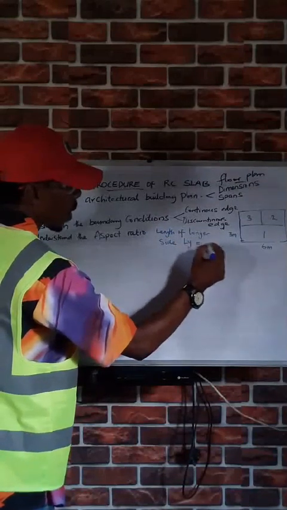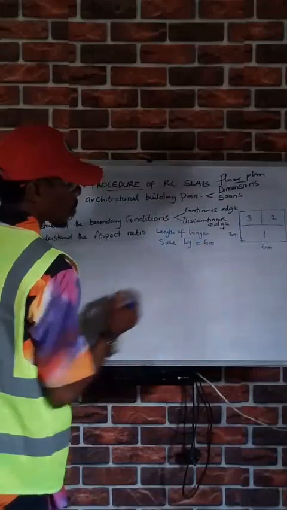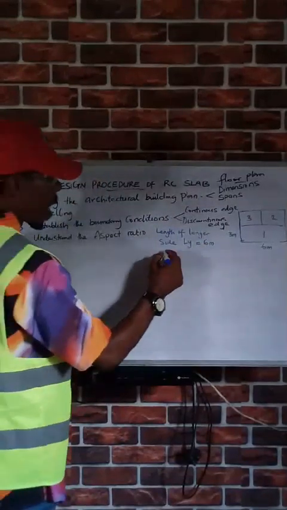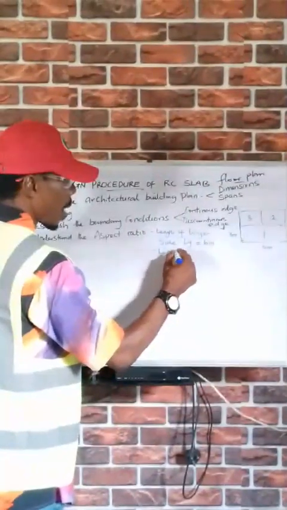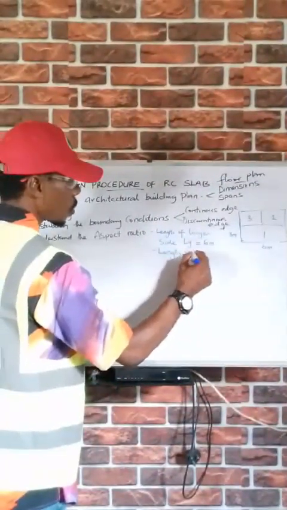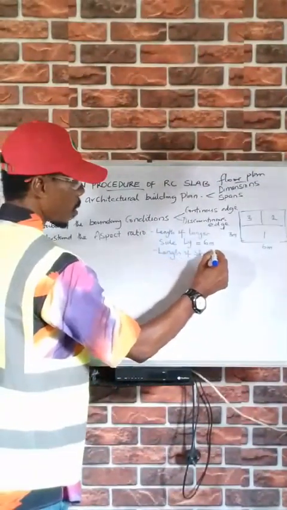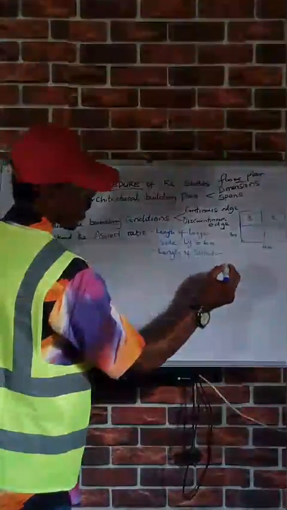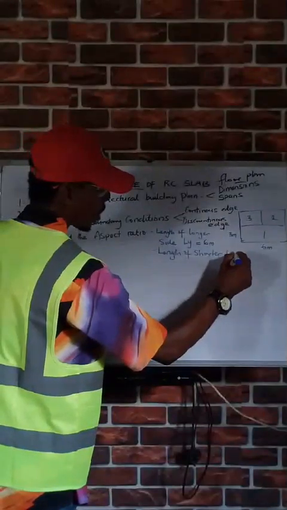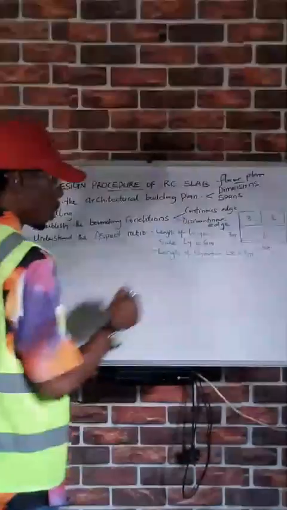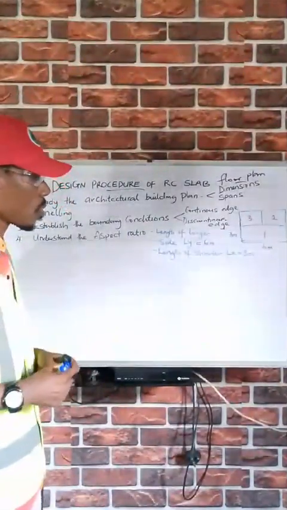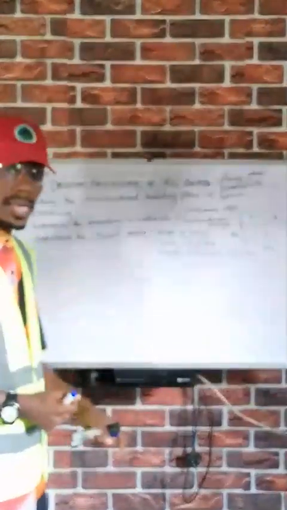In this case, it will be 6 meters. Then we have the length of the shorter side, which is Lx, which will be 3 meters. So this is the consideration for panel 1.